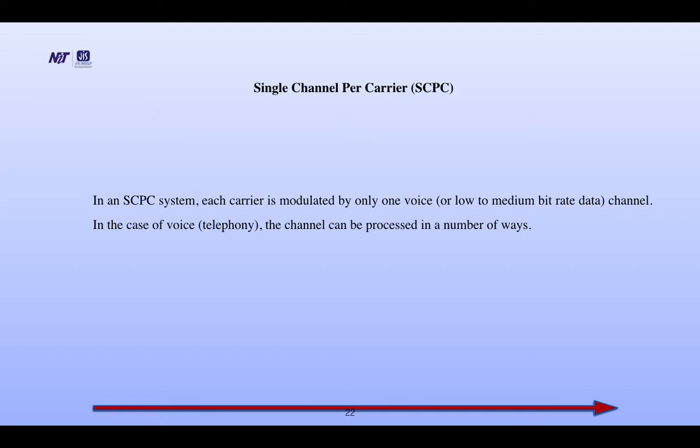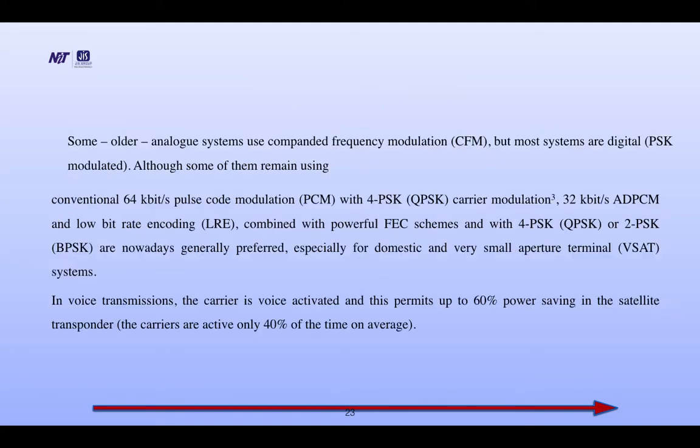Single channel per carrier, SCPC. In an SCPC system, each carrier is modulated by only one voice or low to medium bitrate data channel. In the case of voice telephony, the channel can be processed in a number of ways.